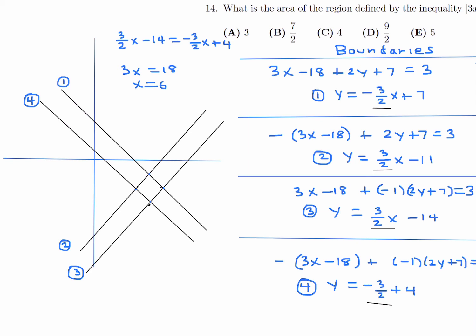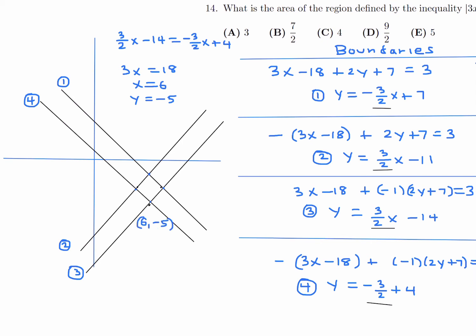Then plug x equal to 6 back into either of these equations to get the y value. When you do, you get 3 times 3 minus 14, so y is equal to minus 5. That means this point is 6, minus 5.